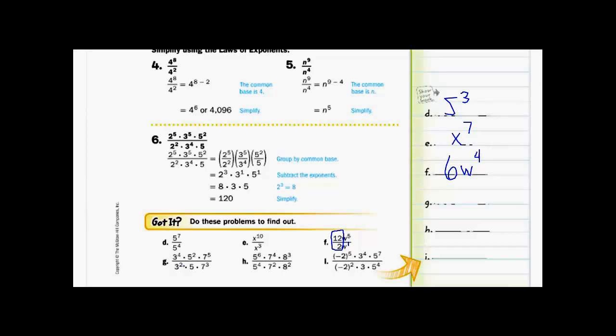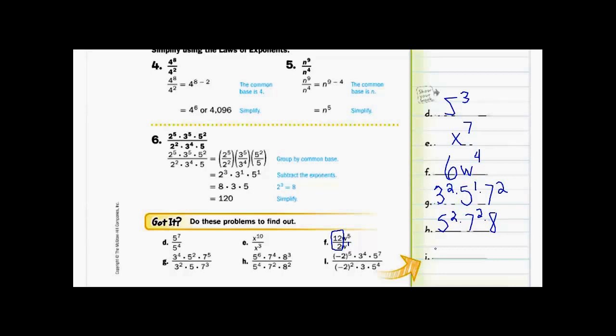Like bases, subtract the exponents. So on G, 3 squared times 5 to the 1st times 7 squared. I'm just subtracting those exponents. On H, 5 squared times 7 squared times 8 to the 1st.